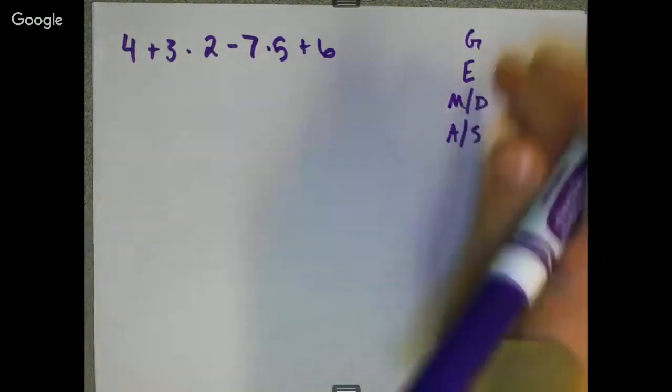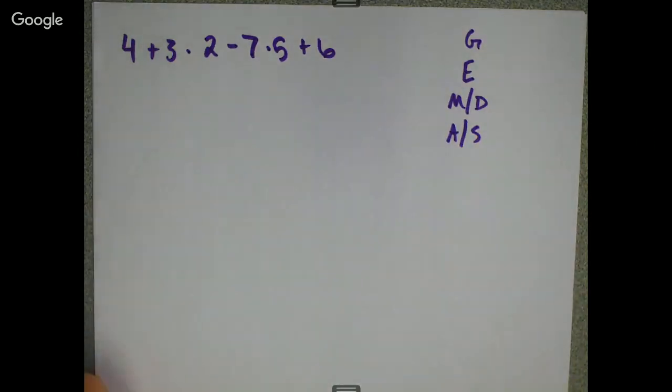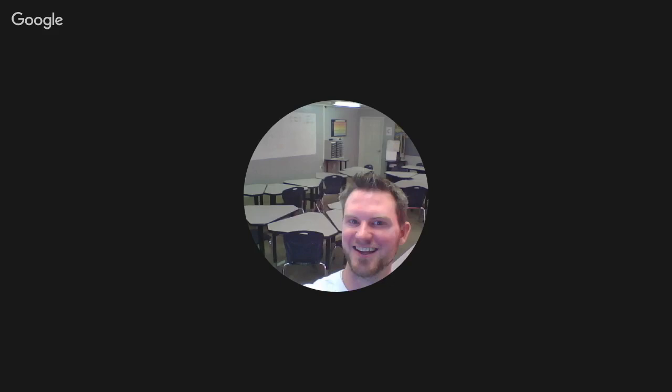Until you get into the groove of being back in school, it's usually a good idea to write them all down. So I don't have any grouping symbols. We're going to multiply, divide. Okay, so this one will be 6 plus 4. I have 7 times 5, which is 35, plus 6. Okay, now the only thing I have left is add, subtract.